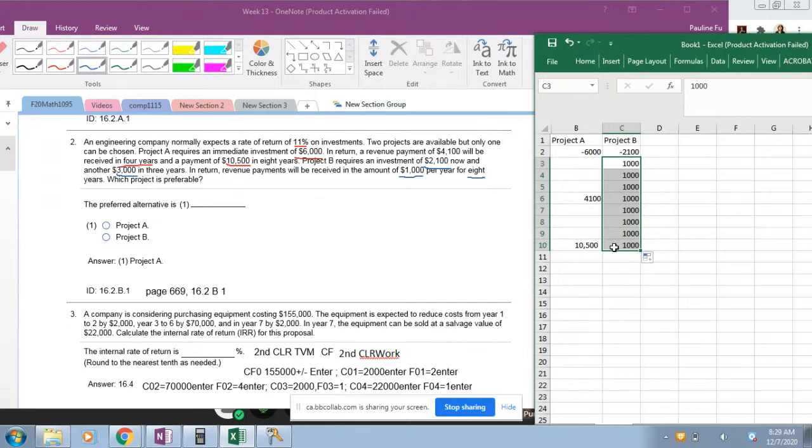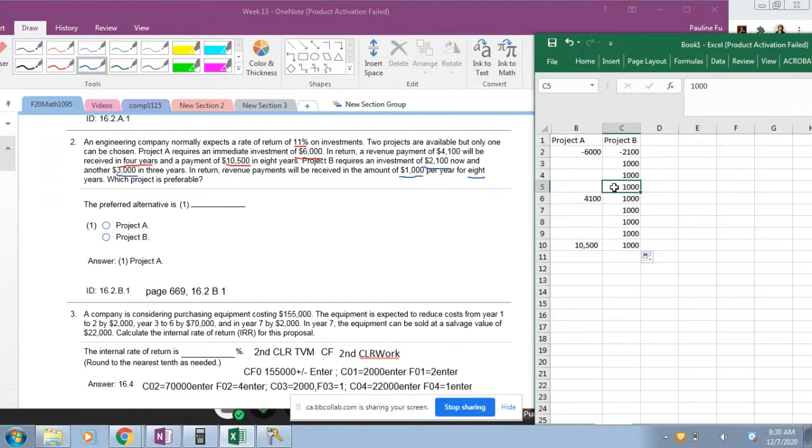Okay. But you need to invest 3,000 in 3 years. This is year 1, year 2, year 3. So at this point, you have to invest 3,000. Although you get $1,000 in, you have to put 3,000 out.